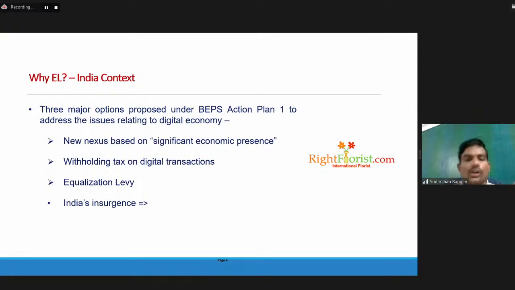You can call it online advertisement or digital advertisement, because it will not come in any print medium, on TV, or as a flyer in a newspaper.